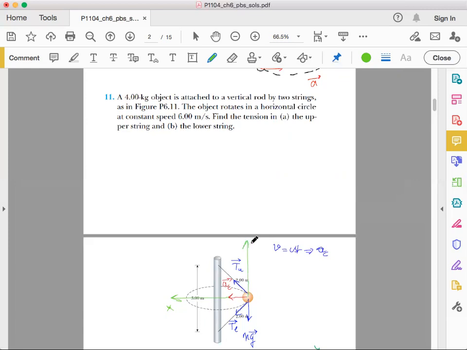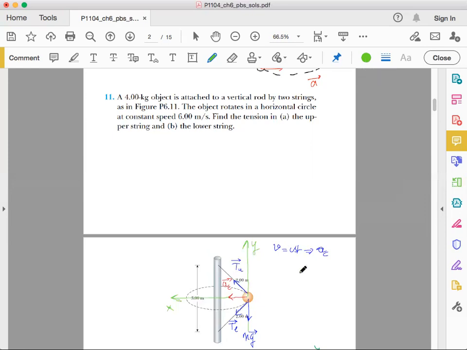So this would be our y-axis. Voila. And in this case, if you apply Newton's second law, we will have one acceleration along the x-axis, which is centripetal acceleration, and another axis onto which we can project the forces, the gravitational force, as well as the tensions.